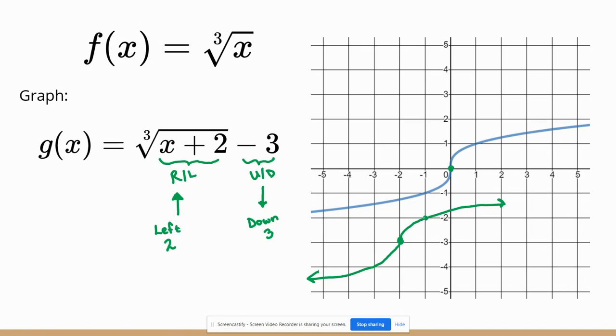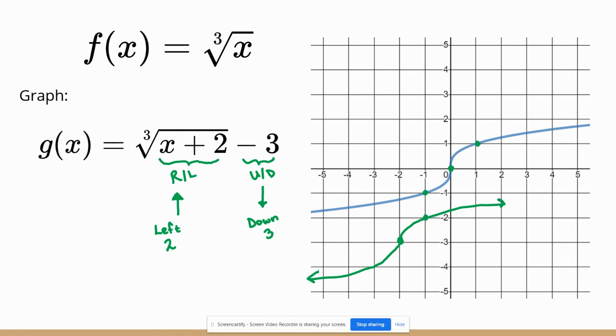So this point right here is like (1, 1). (-1, -2) is like (1, 1), because if I take that (1, 1) point and I go left 2, down 3, I wind up here. (-1, -1), if I go left 2, down 3, is going to wind up right here. So those 3 points I can clearly see on my new graph.